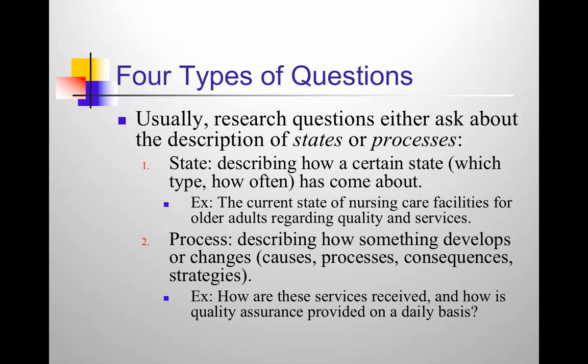Different types of research questions: whether they're state questions or process questions. State questions might describe how a certain state has come about, for example, the current state of nursing care facilities for older adults, regarding quality and services.